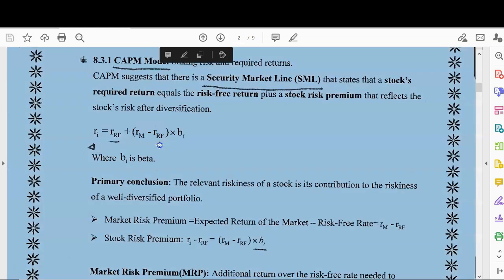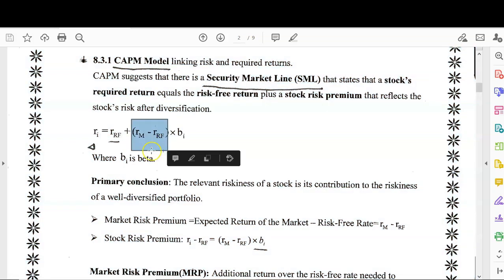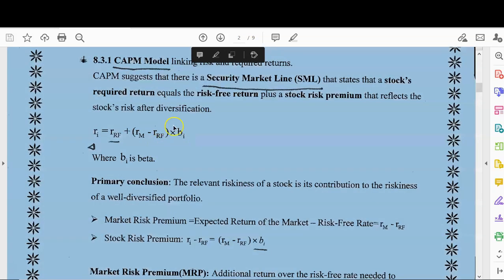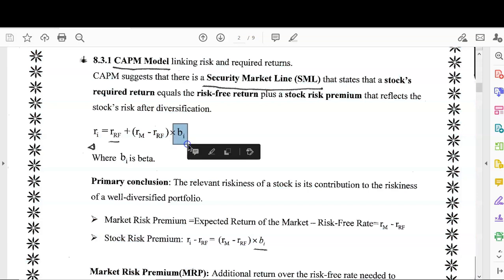So for market portfolio, we use market portfolio return minus risk-free rate as market risk premium. Okay, and beta is the percentage of how much stock risk contributes to the market risk. So if we use market risk premium multiplied by beta, we would have stock risk premium.